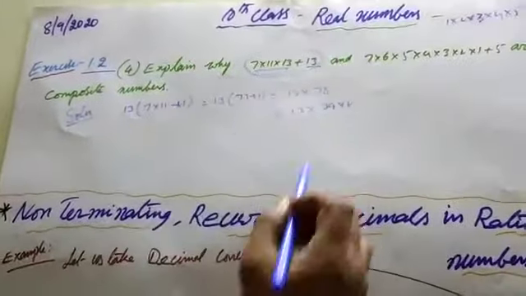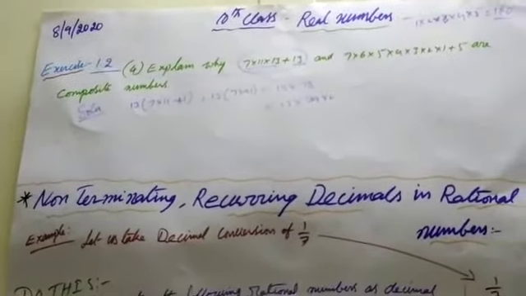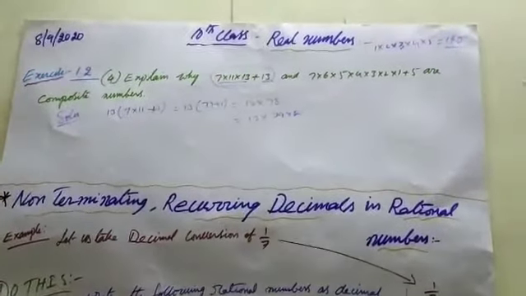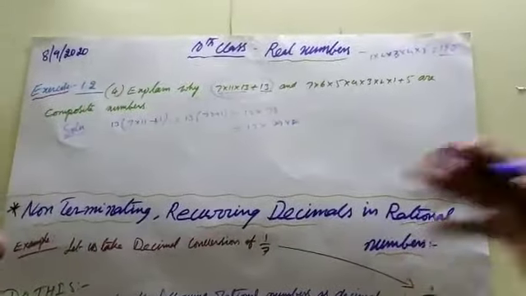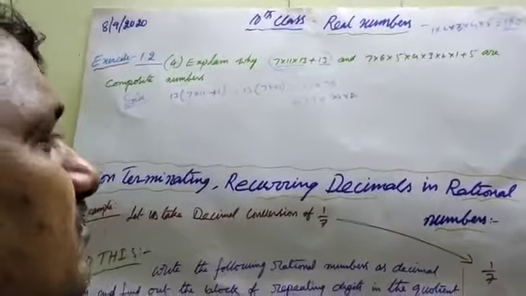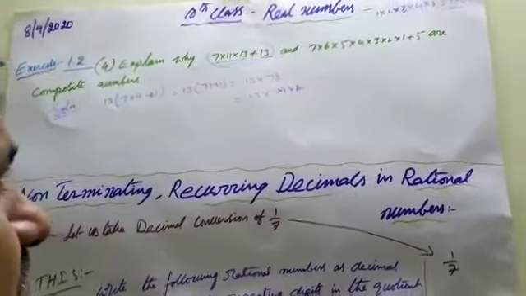See, here is a composite number. What is the meaning of composite number? You take any number; 2 or more factors is called a composite number.